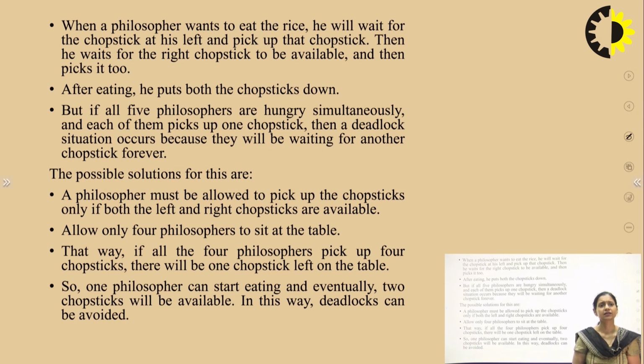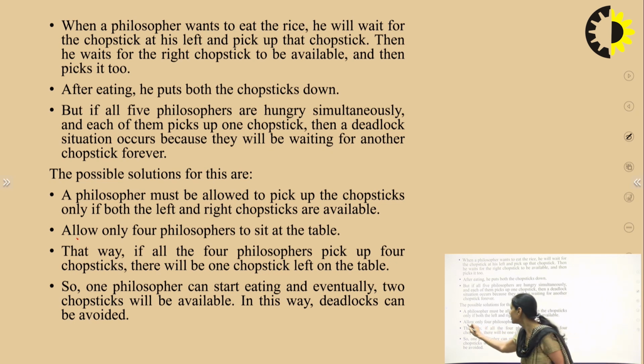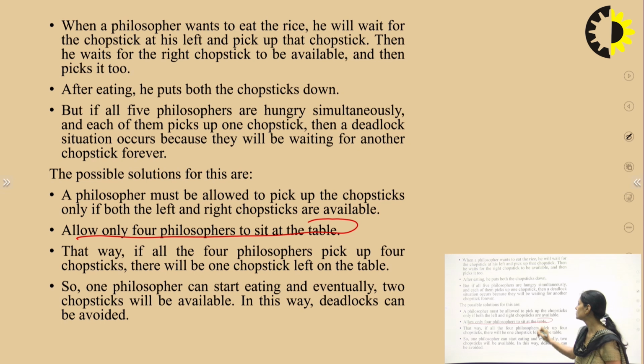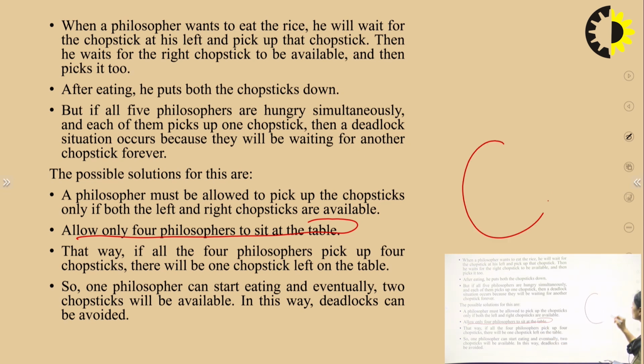So in that case, a possible solution is that we allow only 4 of the philosophers to sit at the table. In that case, what will happen? Suppose we have P1, P2, P3 and P4, but we have the 5 chopsticks over here.